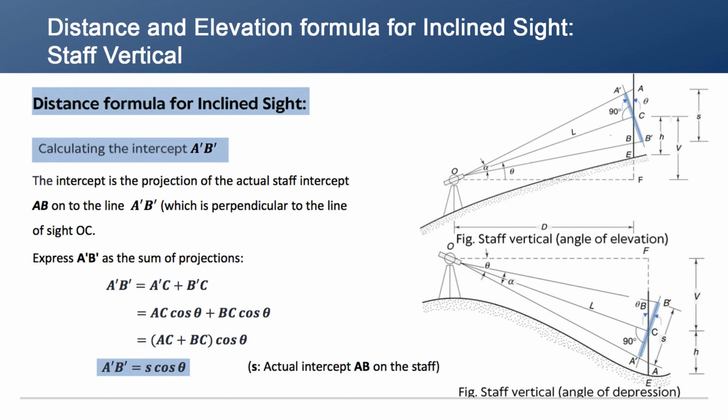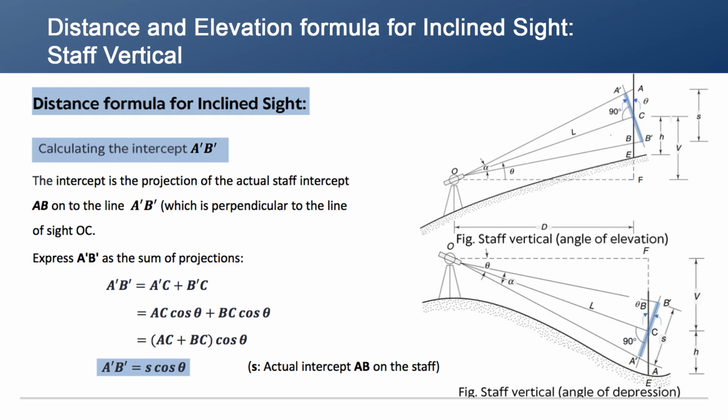Now calculating the intercept A'B'. The intercept A'B' is the projection of the actual staff intercept AB onto the line A'B', which is perpendicular to the line of sight OC. We can express A'B' as a sum of the projections of AC and BC. So, A'B' is equal to A'C plus B'C.